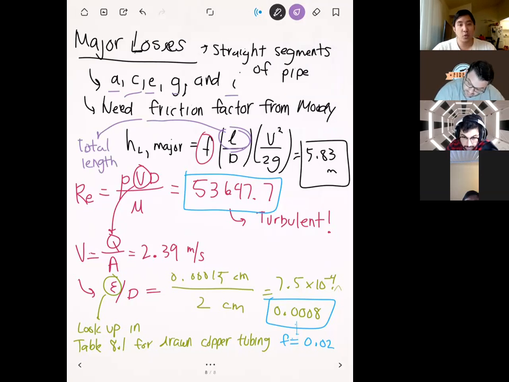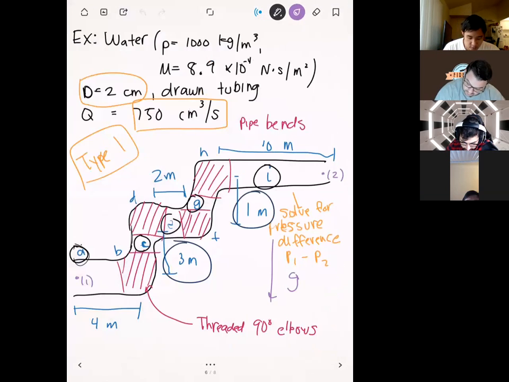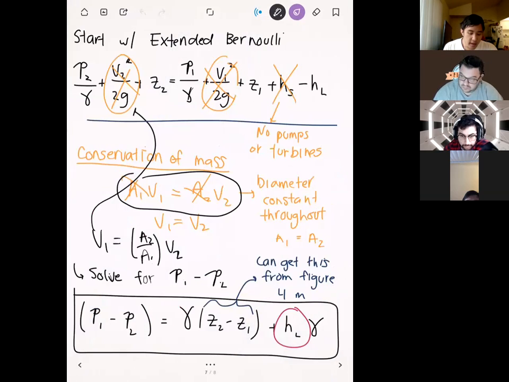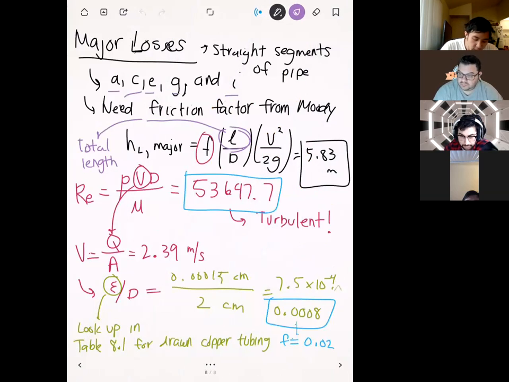What I did to compute this was take the lengths of each of those segments: this 4 meters, this 3, this 2, 1, and 10. I added all those up and got the total length of the system, which was 20 meters. So I plugged 20 in for this L, and that's how I got the major losses for the entire system.